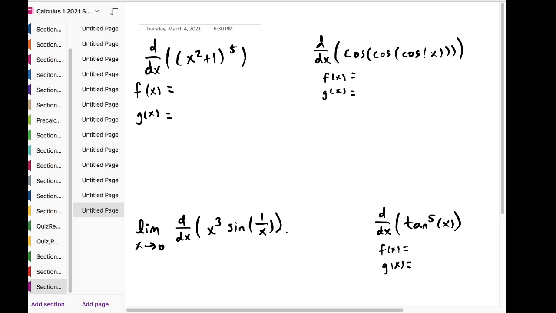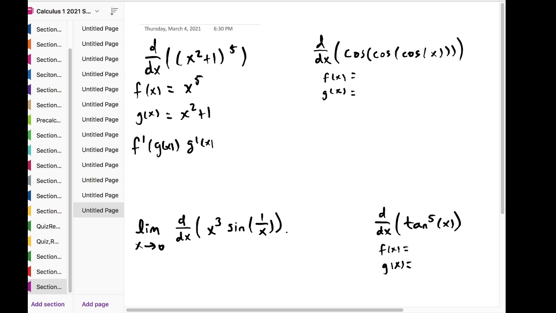Okay, so let's do this first one. Can someone tell me the f and the g? Good, x to the fifth. And then what's the g? Yes, x squared plus 1. So then you have f prime of g of x, g prime.